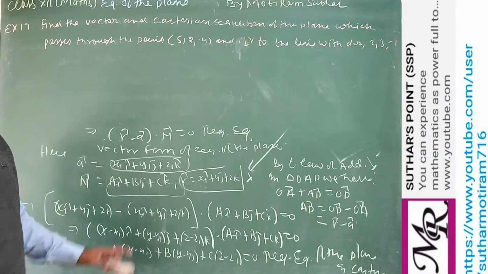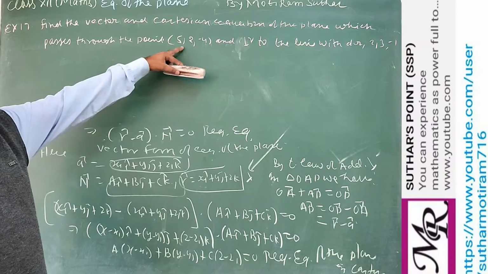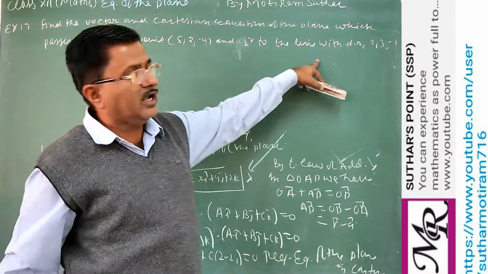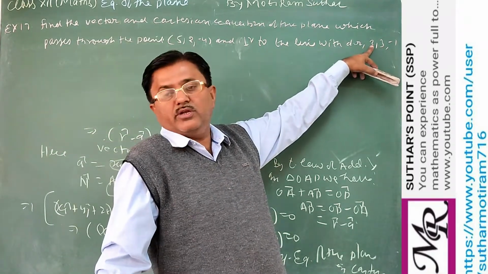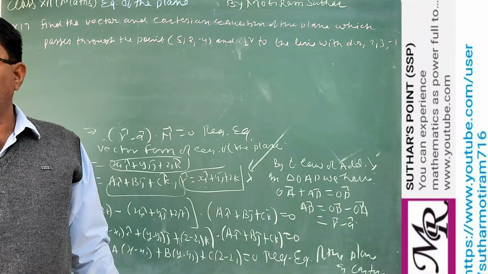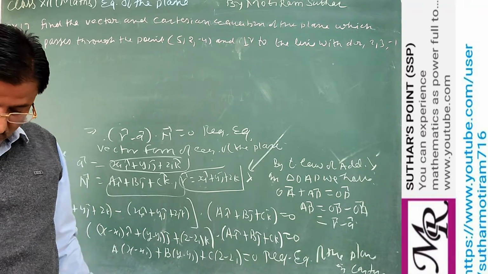So what are we given? A plane which is passing through the point, so point A we can see, and perpendicular to the line. So we are given the direction of this: 2, 3, minus 1, that is capital A, capital B, and capital C. With the help of this information, we can find the equation. Clear?